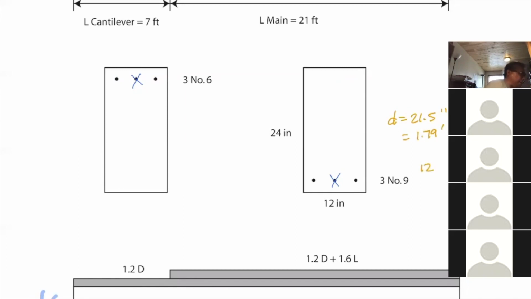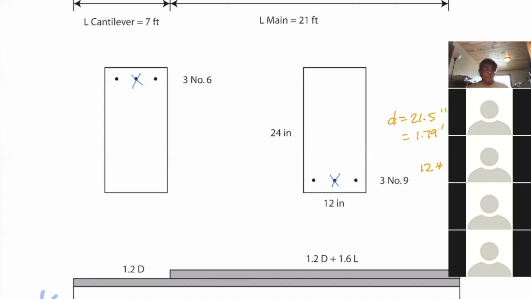Bar diameters. Okay, this is a weird thing. A number 9 bar is not 9/8 of an inch in diameter. So what you need to do, I have that chart that tells you how much steel 4 number 9s are, 3 number 9s. In the very top row, it has the diameter of the bar.